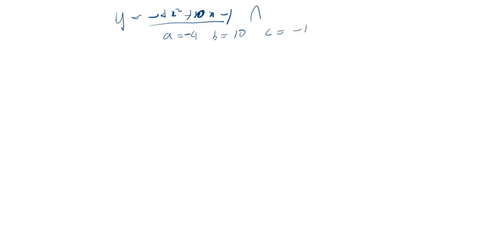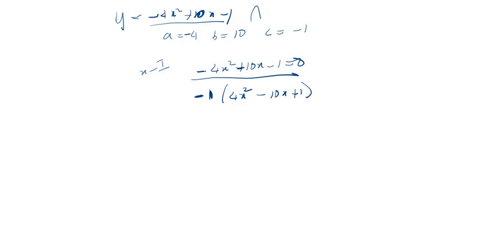When it comes to finding your x-intercepts, you have minus 4x squared plus 10x minus 1 is equal to 0. Remember, when you have a negative x squared, it's always good to take your negative 1 common. And then since minus 1 is not equal to 0, this becomes your non-monic quadratic.